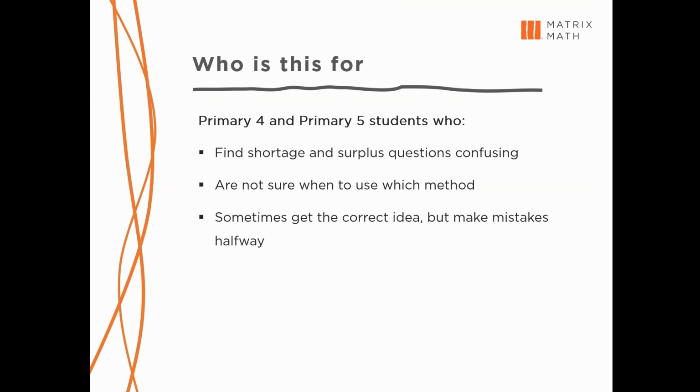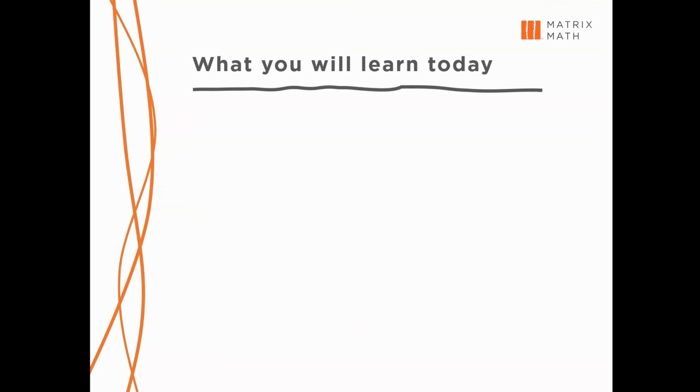If that sounds like what you encounter, this is what the webinar is for. And for parents who are joining us, I'll be showing you the exact thinking process that we teach students here so you can better support them at home.